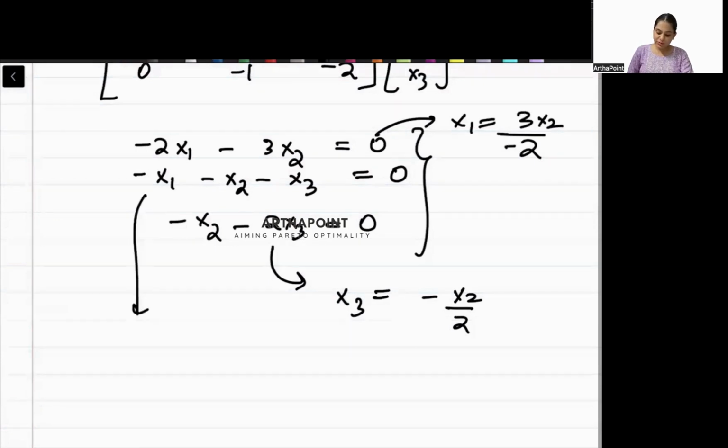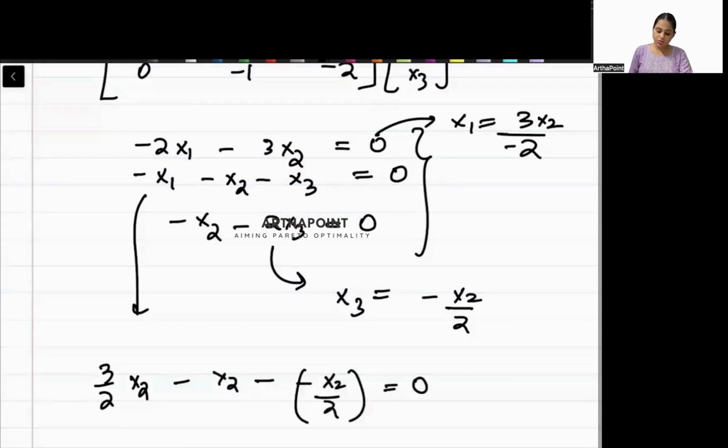So just put these values here. So x1 will be minus 3 by 2 x2, minus x2 minus x3 will be minus x2 by 2 equal to 0.